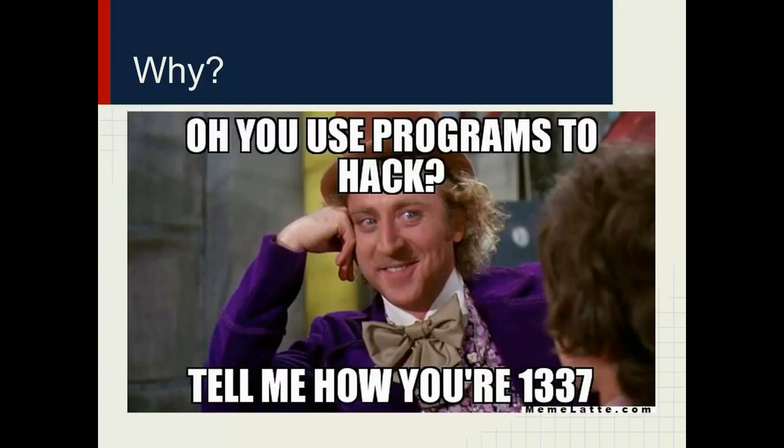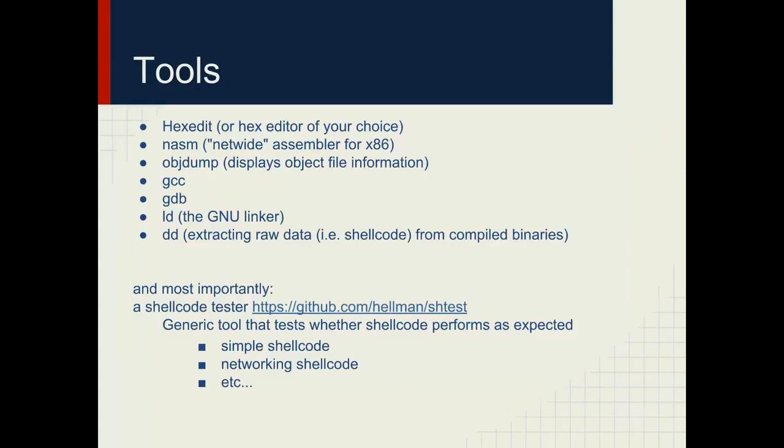It takes a moderate amount of skill to develop exploits. Often, for very hard ones, it takes an immense amount of skill. And so there are a lot of tools in this domain.